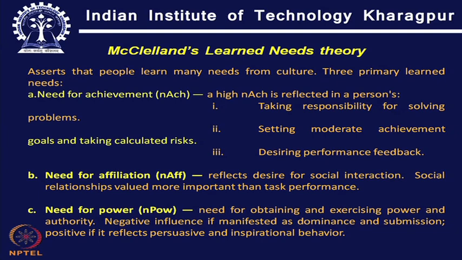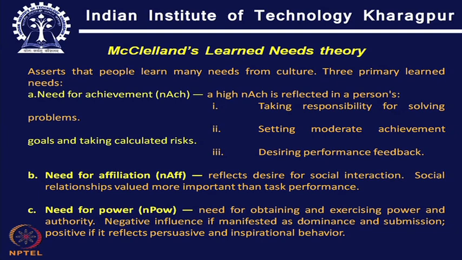Need for affiliation reflects desire for social interaction. Social relationships are valued more important than task performance, and need for power is need for obtaining and exercising power and authority.